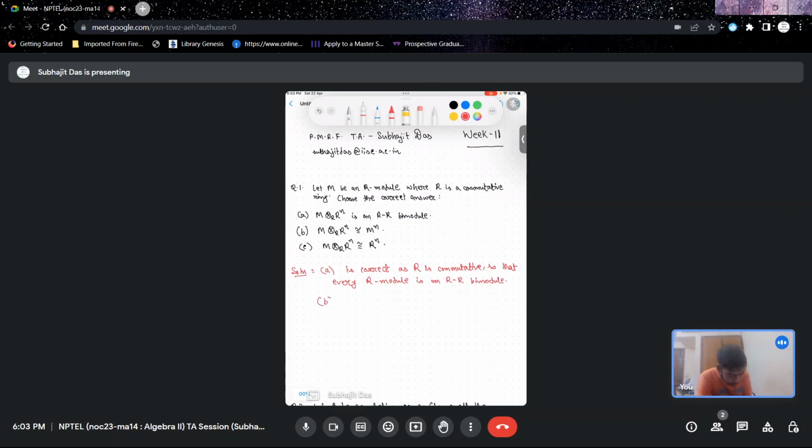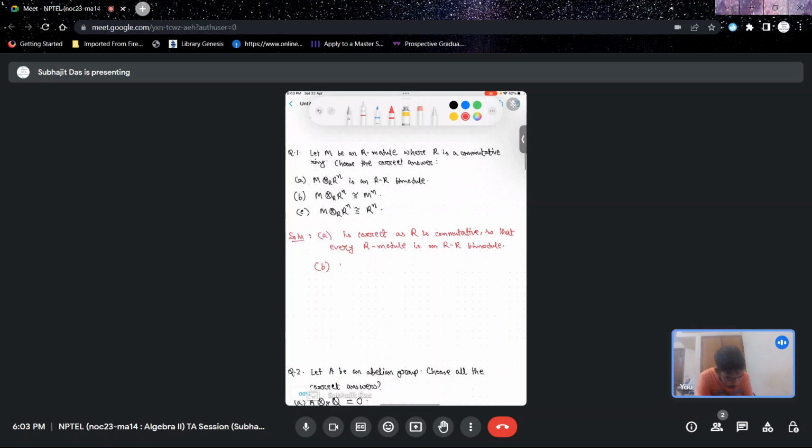What about option B? Now M tensored over R with R^n is just isomorphic to, or is in fact equal to, M tensored over R with the direct sum of n copies of R. And since tensor products distribute over direct sums, this is isomorphic to the direct sum of n copies of M tensored over R with R. And you know that any R module tensored over R with R gives you that R module.